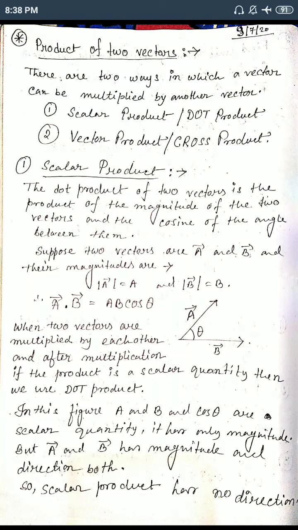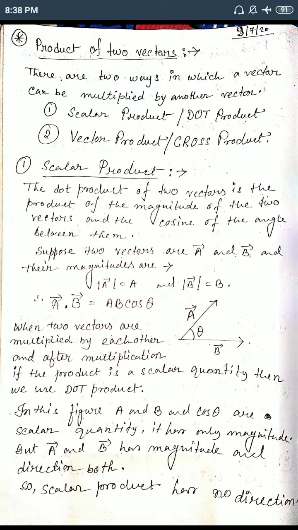The scalar product or dot product of two vectors is defined as the product of the magnitudes of the two vectors and the cosine of the angle between them. Suppose in this figure I consider two vectors A and B. How can we write A dot B?